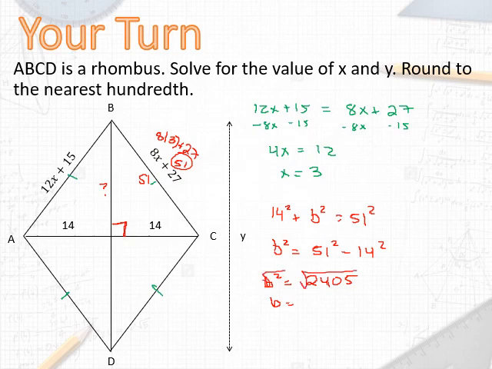So square root of that answer, 2,405, is 49.04. Now, I don't want to round just yet. So what I'm going to do is I'm going to put a bunch of decimal places in here because we want to round at the latest possible moment.